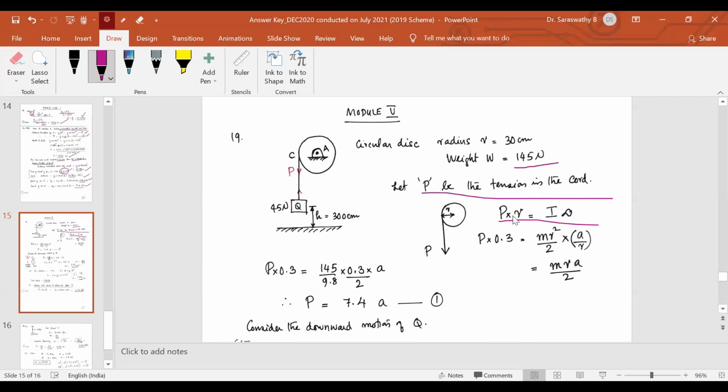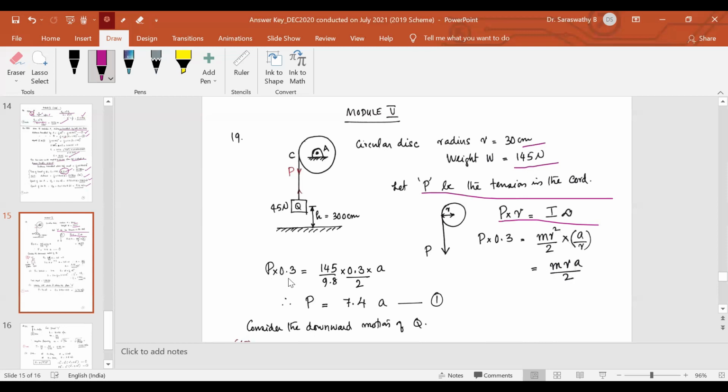So let us write: P, the tension in the string, is not known. Radius is 30 centimeters, so 0.3 meter. Mass moment of inertia of the disc is mr square by 2. And angular acceleration is linear acceleration a by r. So we'll get it as mra by 2.